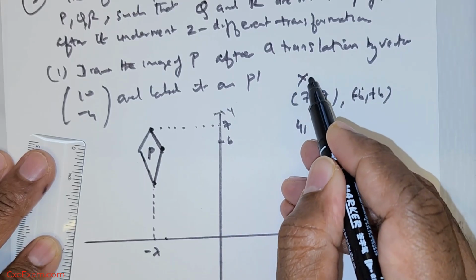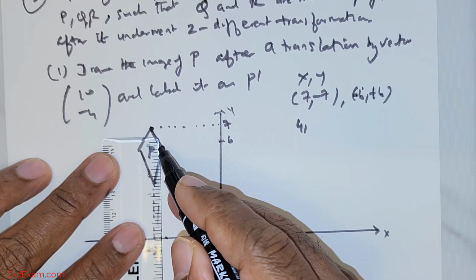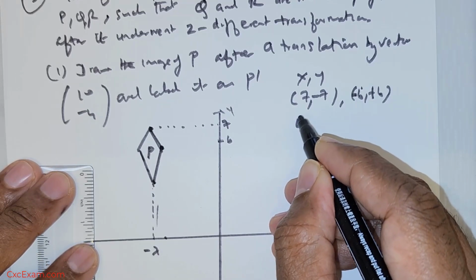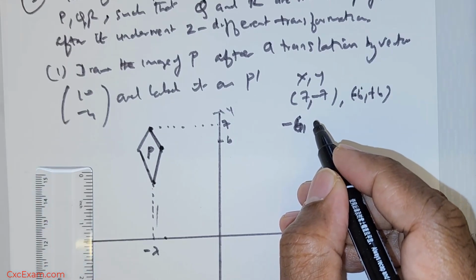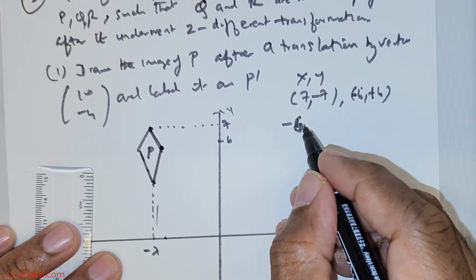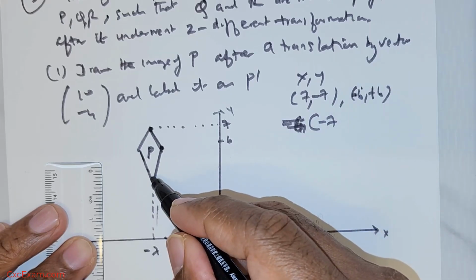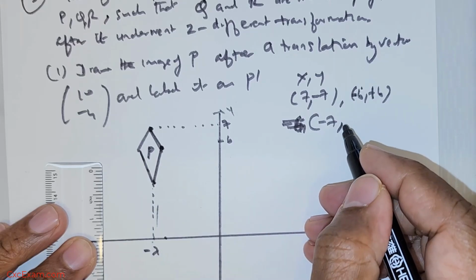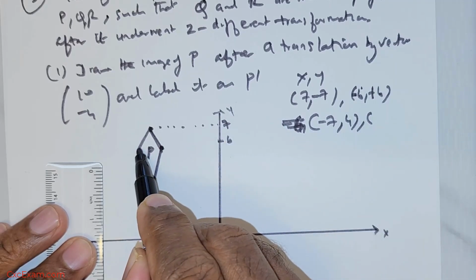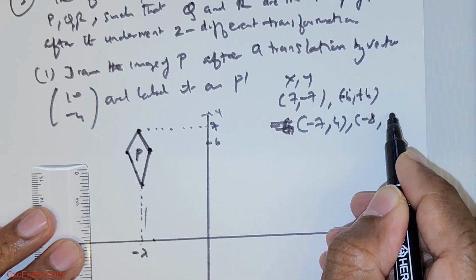So we write the x coordinate, y coordinate, and for this point that coordinate is going to be -7, -7 for this point, it's going to be -7, 4, and for this particular point it's going to be -8, 6.